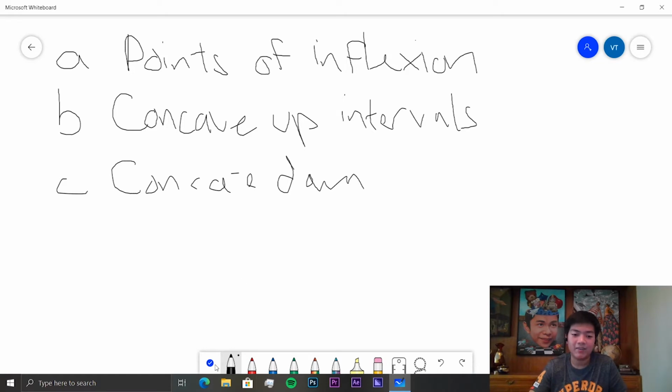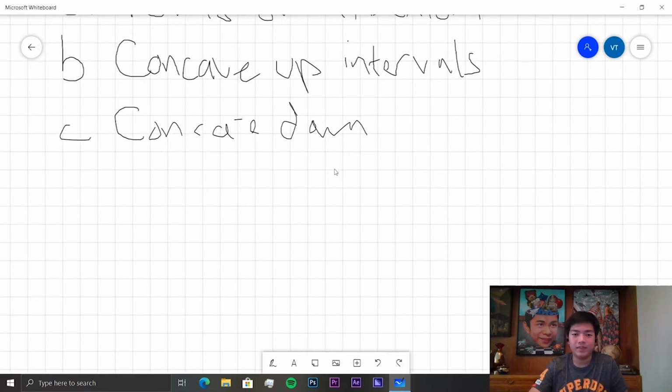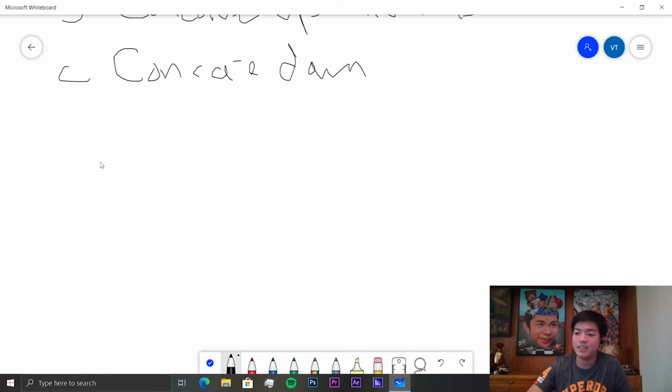Okay, I can't handwrite, so let's jump into some math questions. First, I think it would be easier to find concave up and down intervals first.